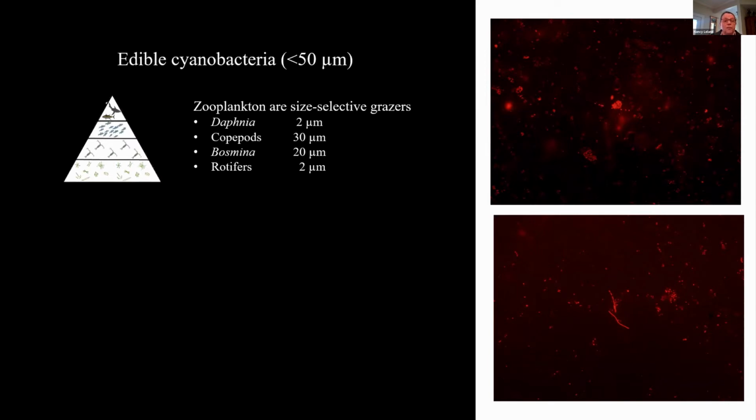Most notably, Daphnia will be ingesting particles and cyanobacteria that are less than 2 microns in size. Copepods typically are targeting larger forms up to 30 microns in size. The Bosmina will be ingesting particles and cyanobacteria in the 20 micron size, and the rotifers are specific for the 2 micron size fraction.